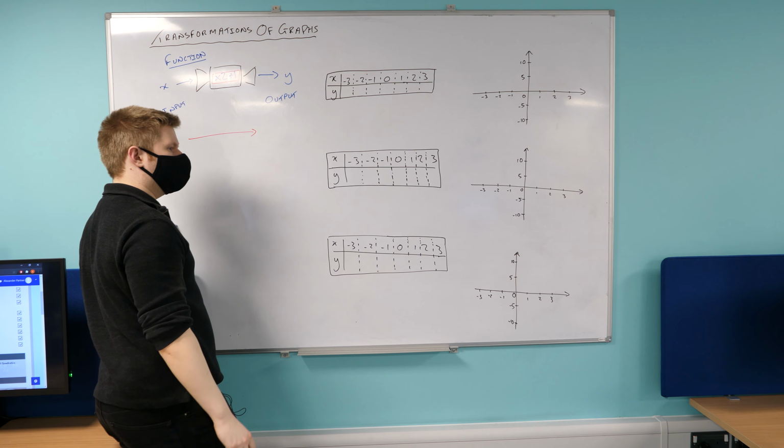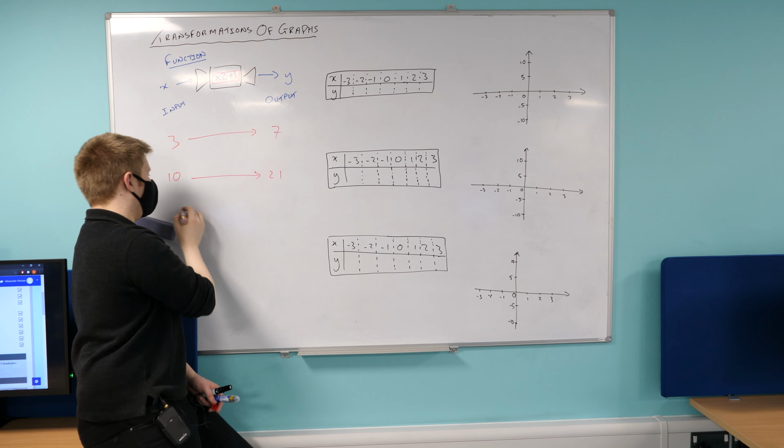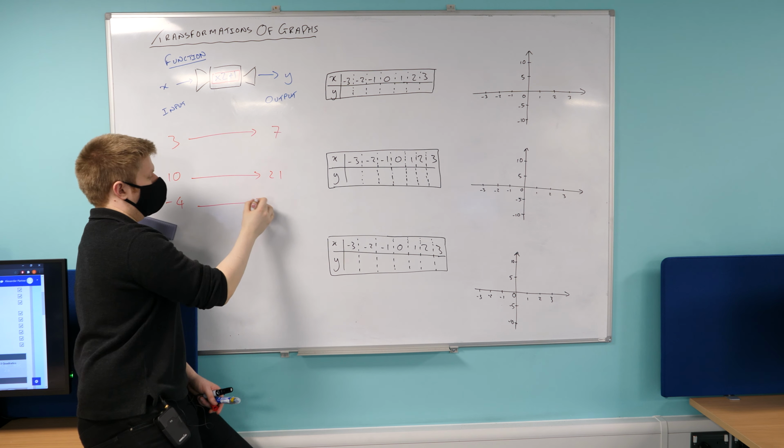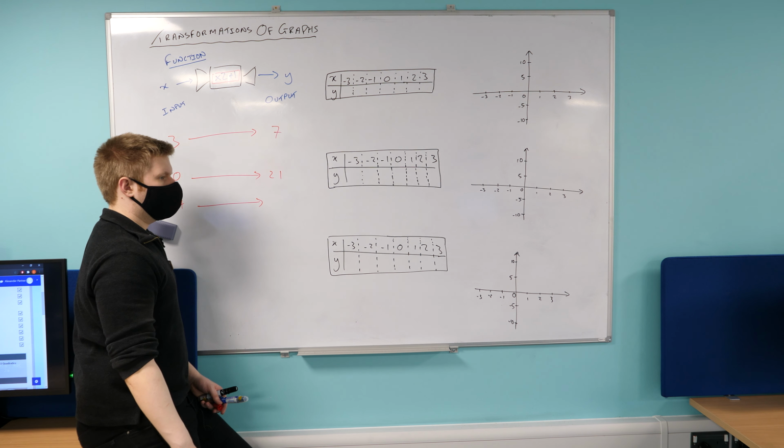If I put 10 in, what's my output going to be? 21, perfect. If I put negative 4 in, what's my output? Negative 7. Perfect, well done. So the idea is, it's just a way of connecting inputs with outputs, okay?